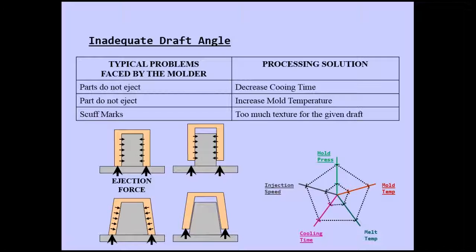So if the parts do not eject, what does the molder do? The molder starts to decrease the cooling time. When it decreases the cooling time, the part will not shrink as much, and if it does not shrink as much, you can eject the part faster. But by ejecting the part faster than it needs to be, you still have some heat built up in the part.